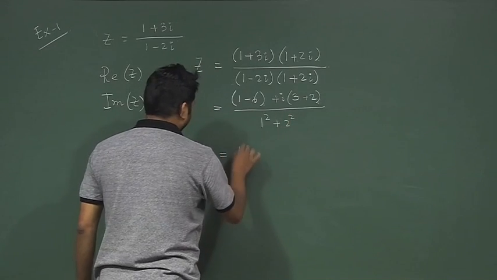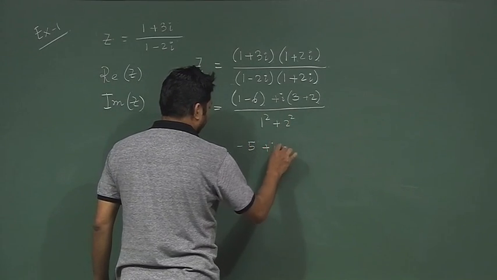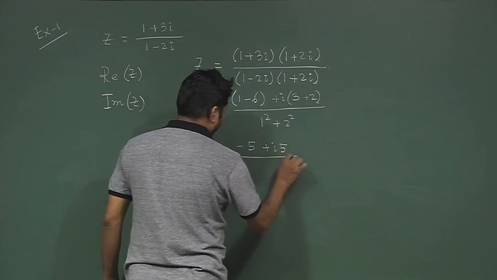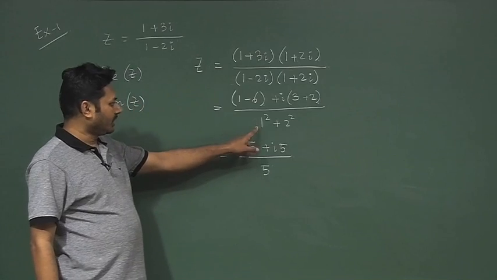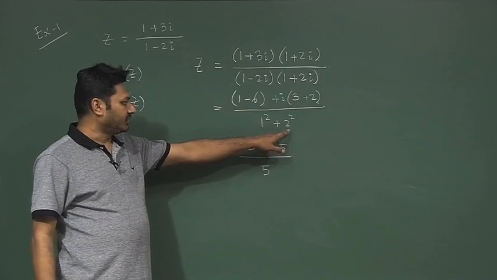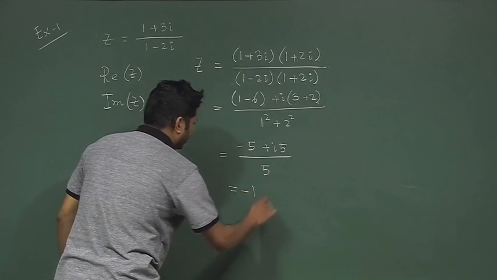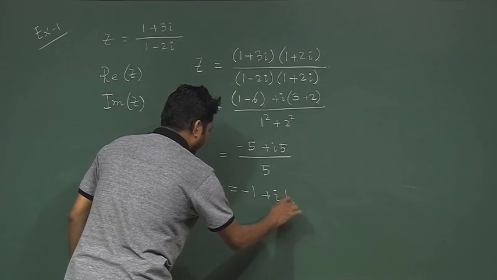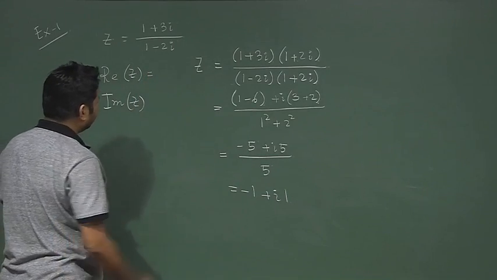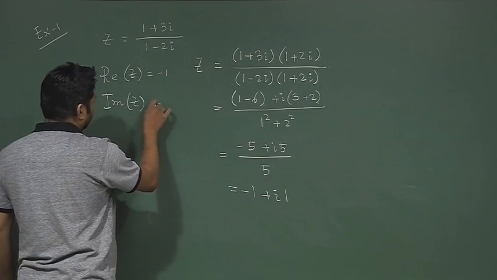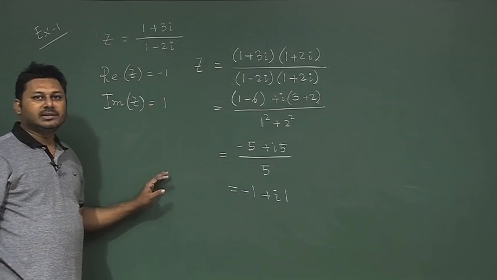So, I will have minus 5 plus 5i divided by 1 square plus 2 square, which is 4 plus 1, 5. So, I will have minus 1 plus i. The real part of this z comes out to be minus 1, and the imaginary part is 1. So, this is the solution.